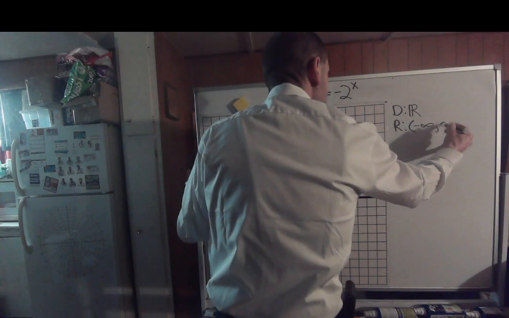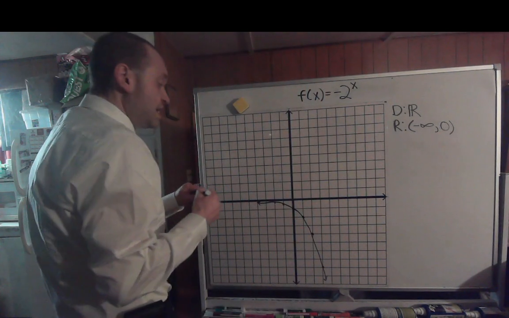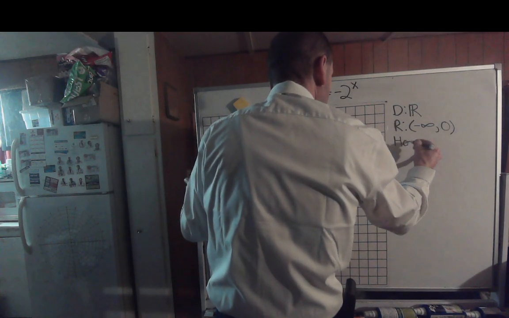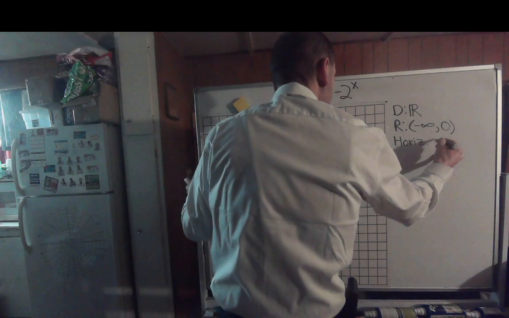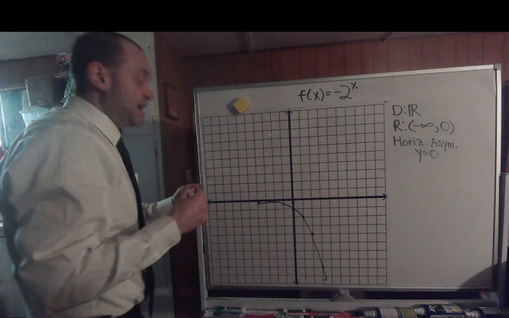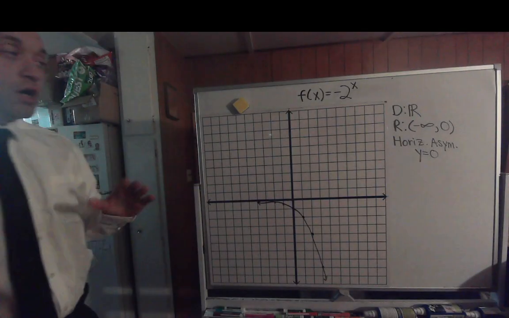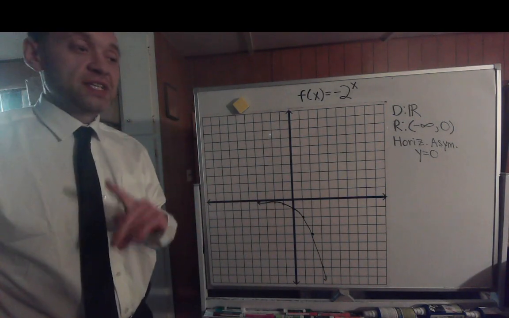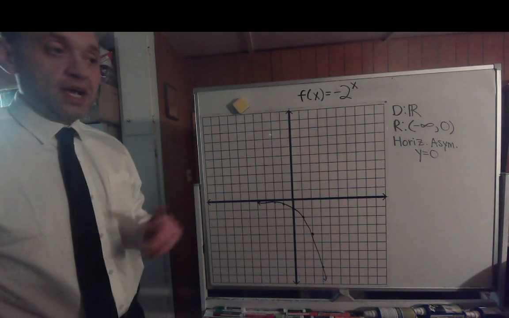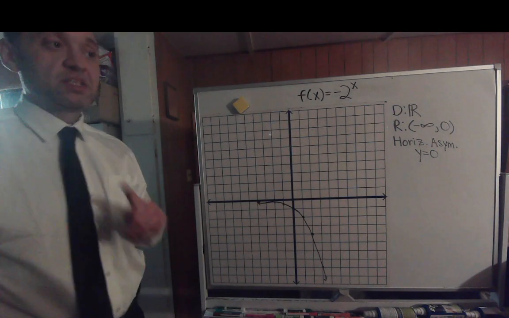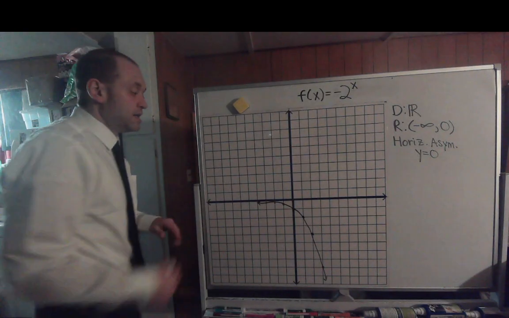So in this case, your range is going to be from negative infinity to 0 non-inclusive, which means you still have a horizontal asymptote at y equals 0. Which you're going to find is true for all exponential functions in general, unless you have shifts that occur and those other things, which we'll get to in a minute.